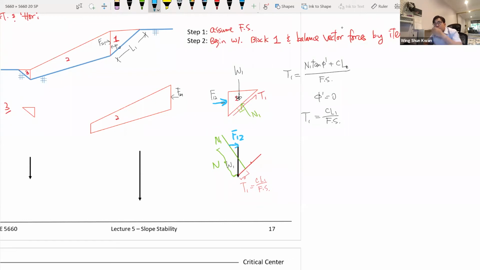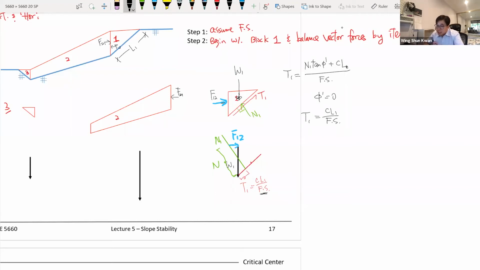So any questions here? I don't want to lose anyone. But everything you realize is based on the assumed factor of safety you start with. If you assume a different factor of safety, the scale at the T right there will change, and then you will get different N values and also F12. Is it the correct factor of safety?